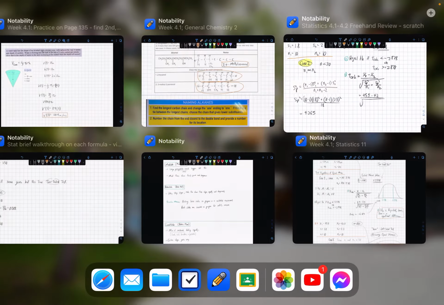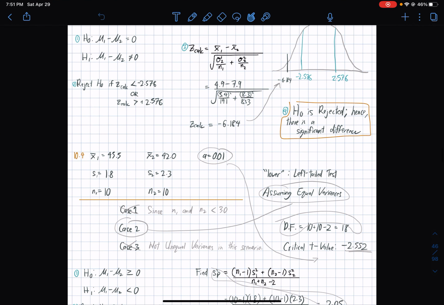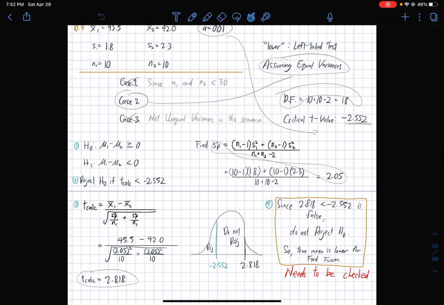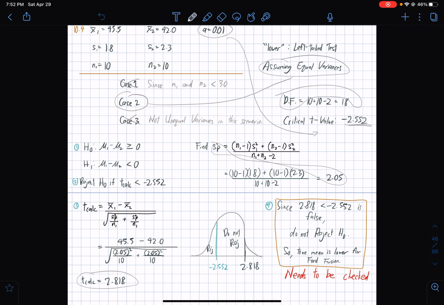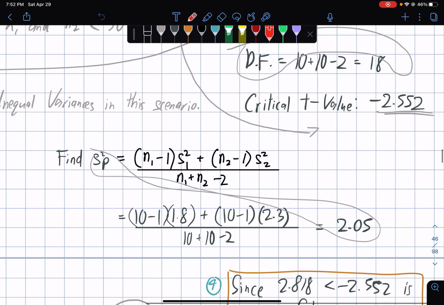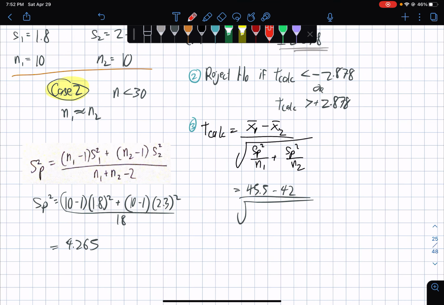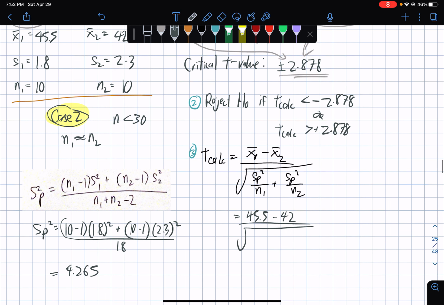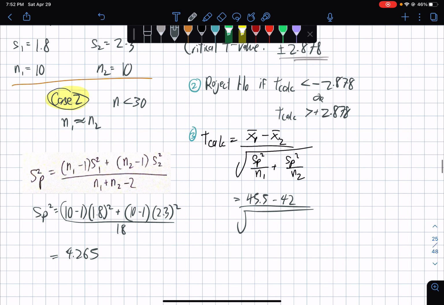I can see a mistake here. I'm supposed to raise to 2. Yeah, pathetic me. So Sp squared, oh yeah, this is already the Sp.